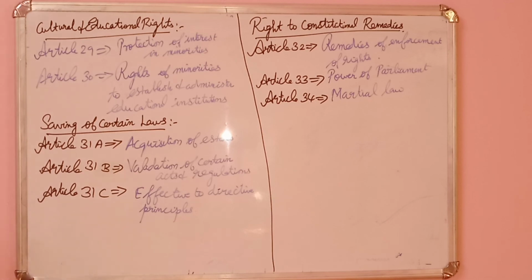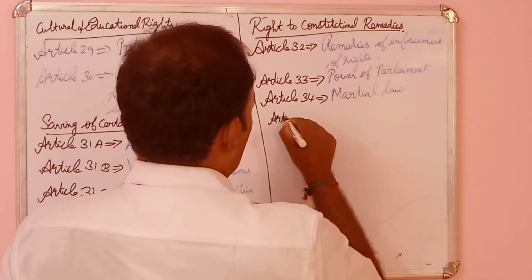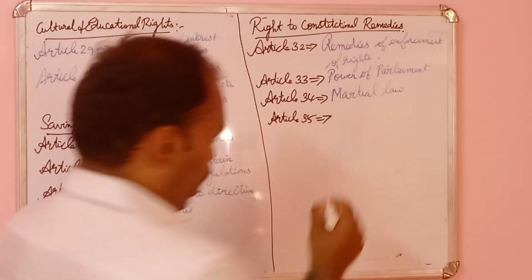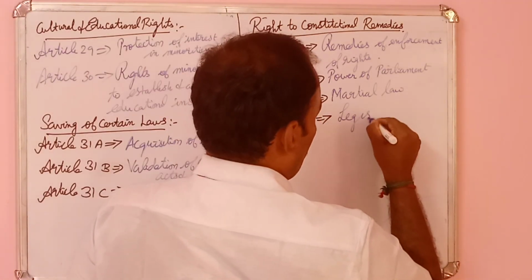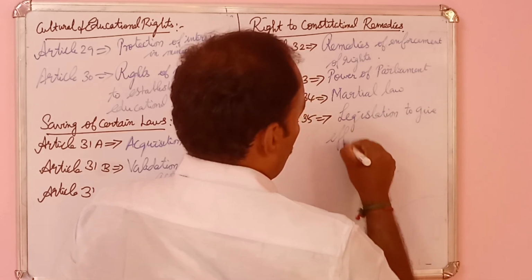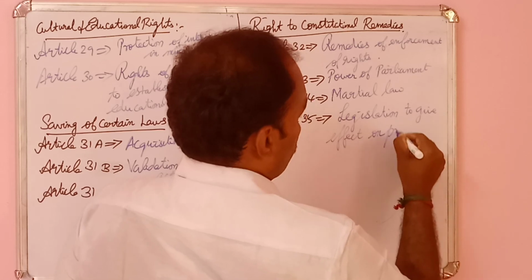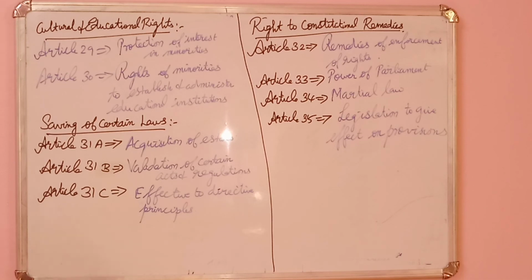The next is Article 35, which says legislation to give effect to provisions. So this is about right to constitutional remedies. That's all about the fundamental rights.